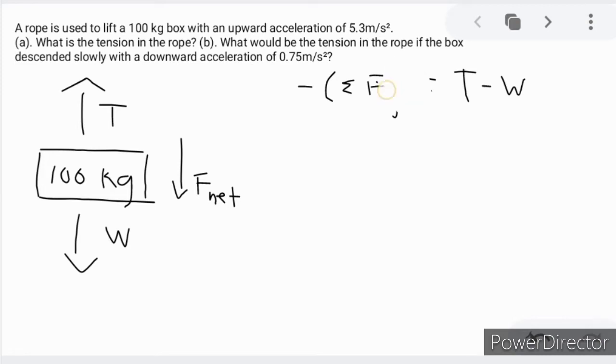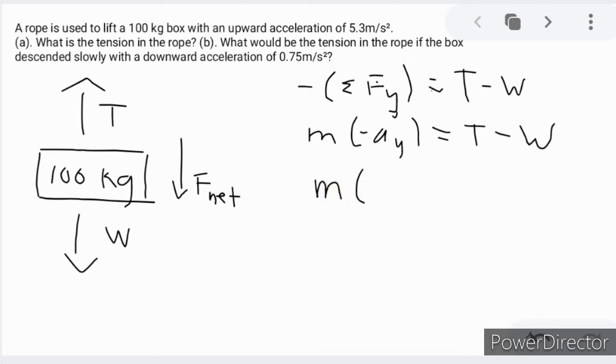So, okay, let's just write it again. Okay, like this. And like what we know, summation of force is equal to ma. But since mass is a scalar, we don't need to write it as negative.